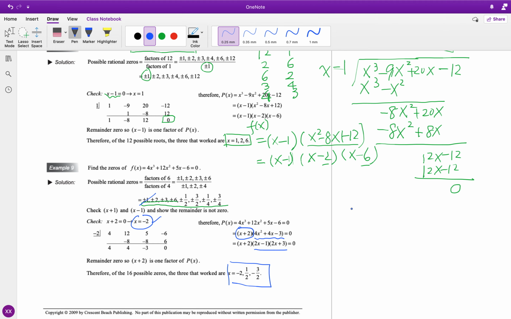So let me just say the steps. Pretty much, we know that a cubic function is probably the highest that we're going to get you to understand how to locate the 3 roots. All right.